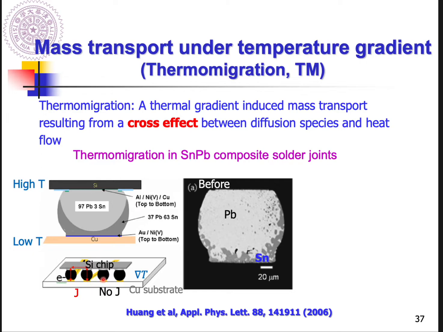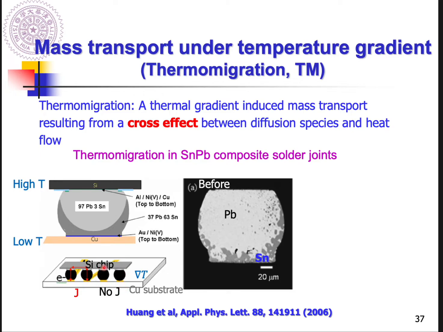Okay, so in order to demonstrate that a thermal migration exists, some scientists will do one thing. They will put the other number 3 and number 4 solder bumps here, but there's no current passing through these two solder bumps. But these solder bumps do suffer the temperature gradient because they share the same silicon chip substrate and also the copper substrate.